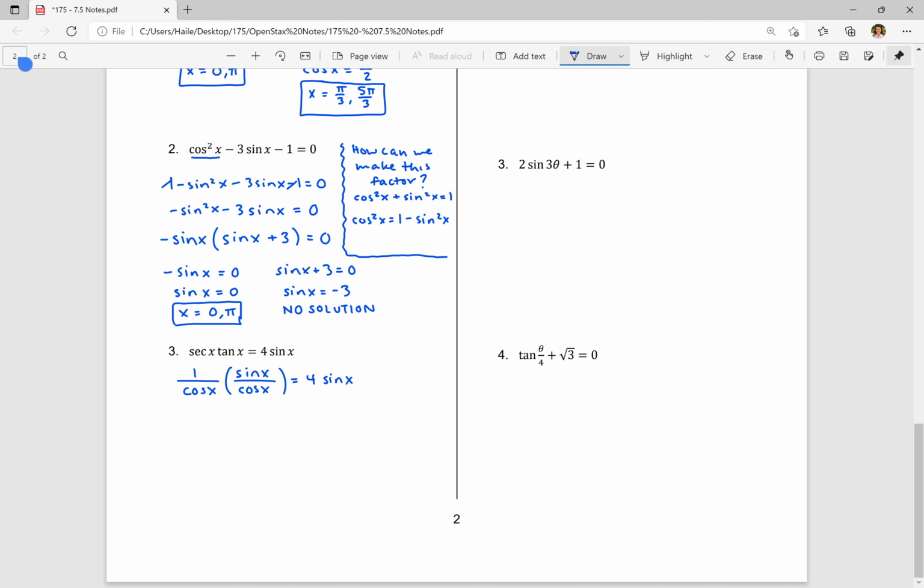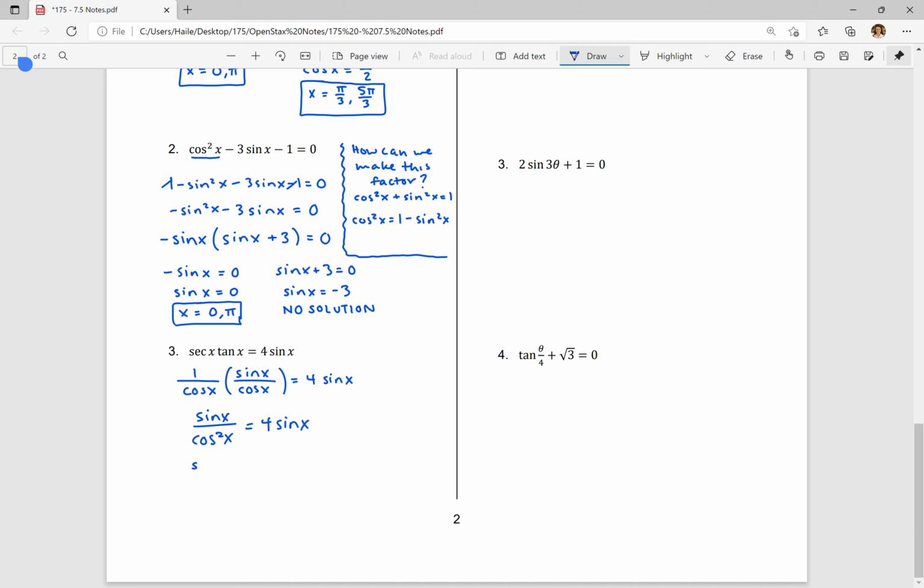Okay, so I can multiply the two fractions on the left and get sine of x over cosine squared of x is equal to 4 times sine of x. All right, so now we're in a situation where we really don't know what to do. So maybe we can just subtract over the 4 sine of x and see if we can factor, because then we'll have a sine in both terms.